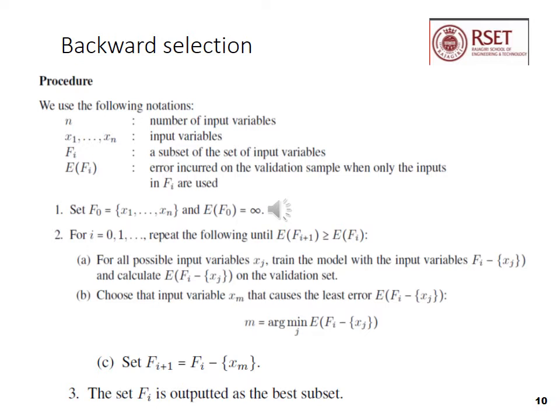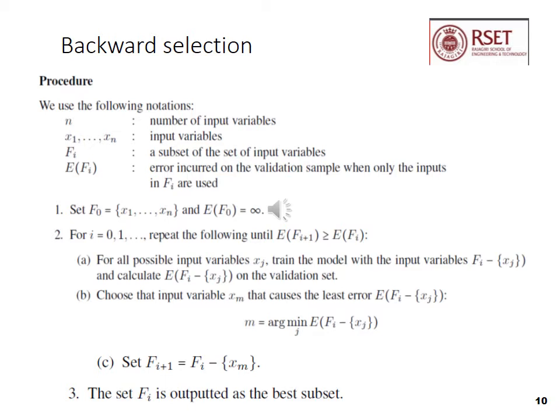And here we repeat the following step until the error of the previous one is greater than that of the current iteration. Here we train the model with the input variables Fi minus xj, because we need to exclude that one, and calculate the error on the validation set. And we choose the input variable that causes the least error.